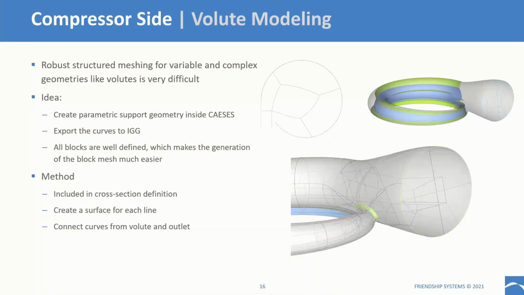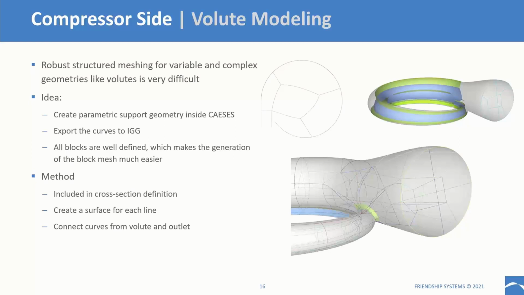Within the parametric model for the volute, we have included some preparation for the meshing process. For geometries like these volutes, it's quite difficult to create a robust structured meshing, especially when we're changing the shape very flexibly.